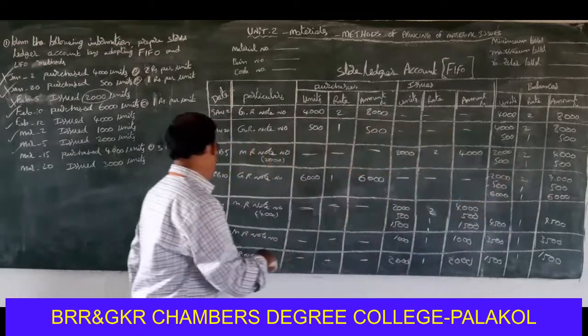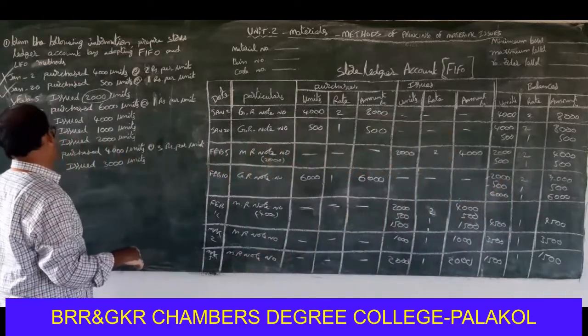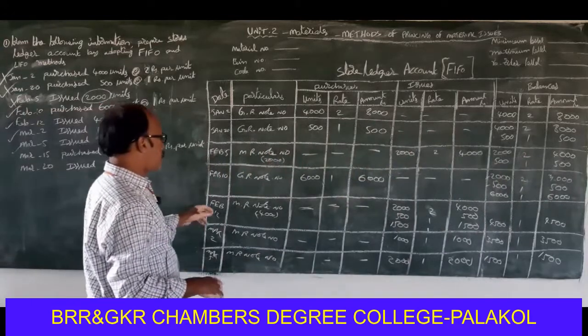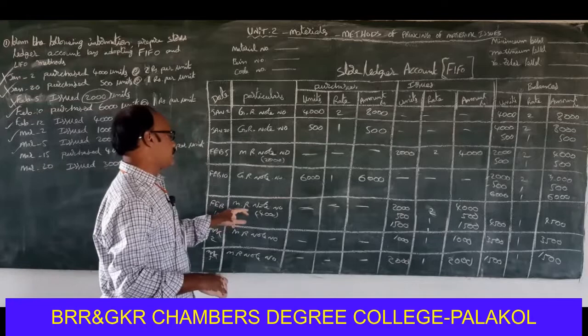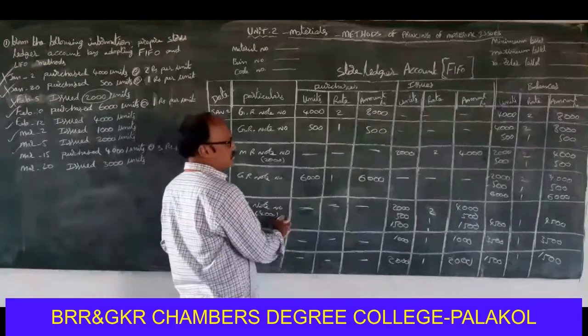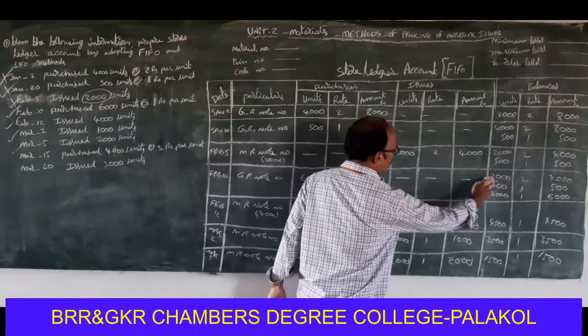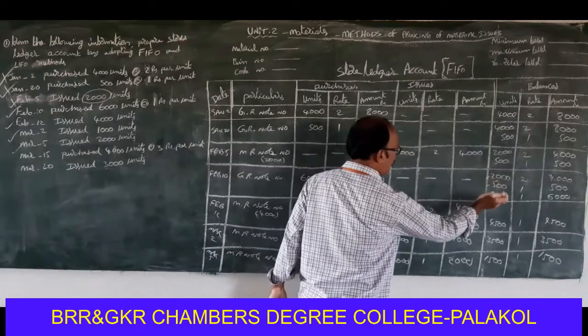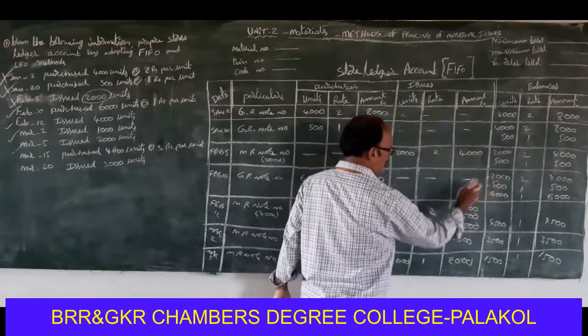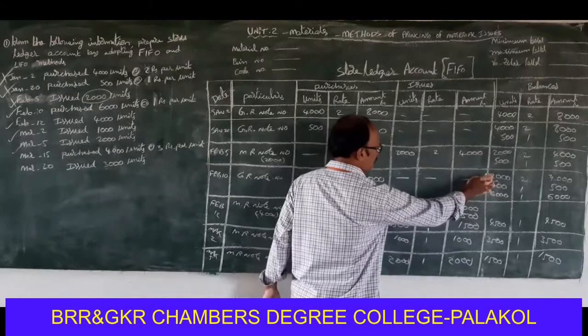Next one. On February 12th, how many units wanted to issue? 4,000 units. Okay. So February 12th, material requisition note number, 4,000 units. So 4,000 units means first release this one, next release this one, and the remaining units released from this only. First released this one because it was received first.